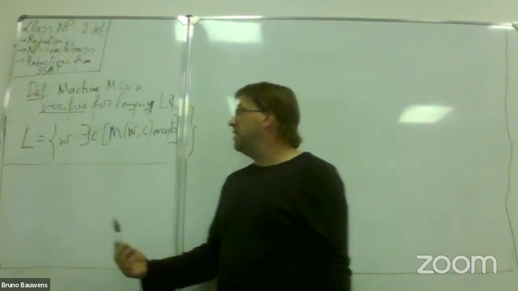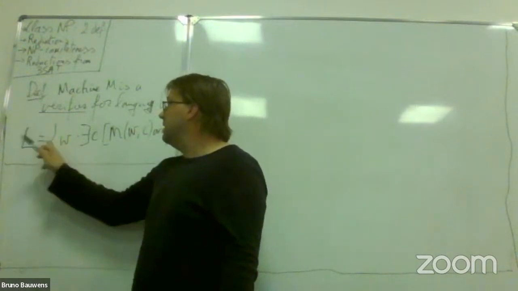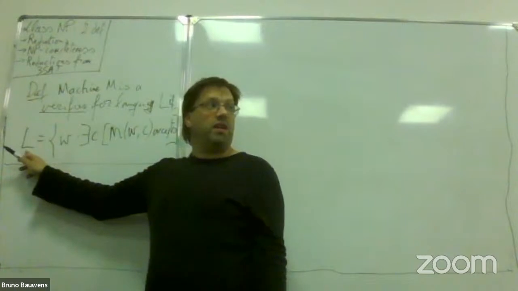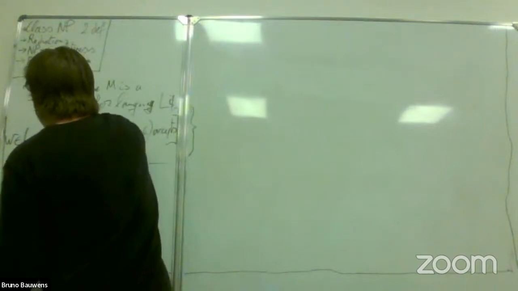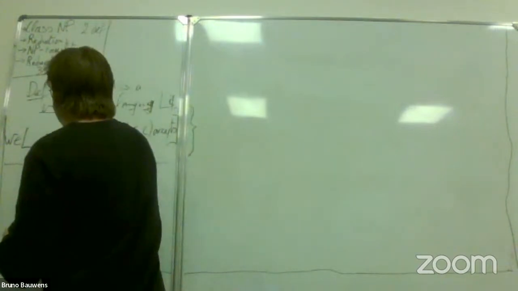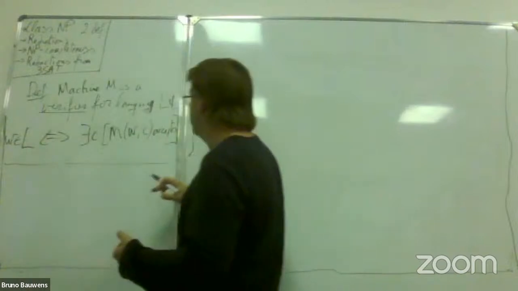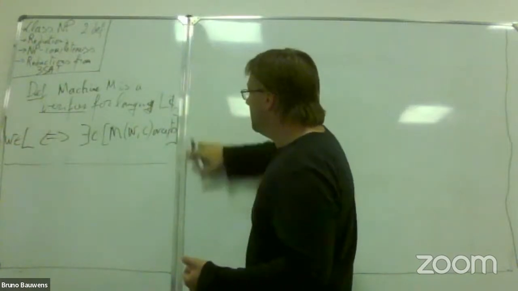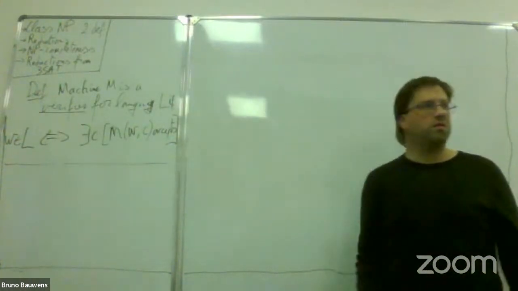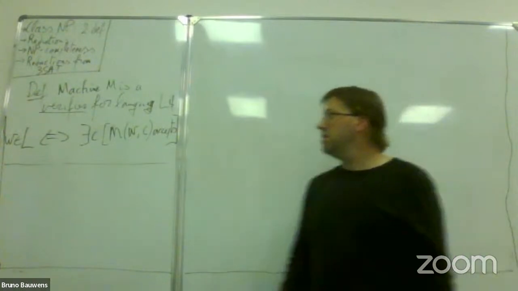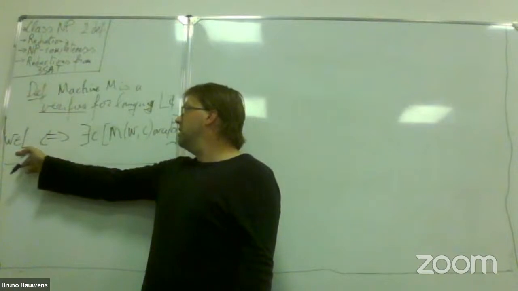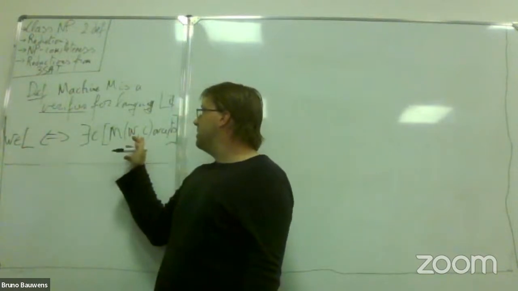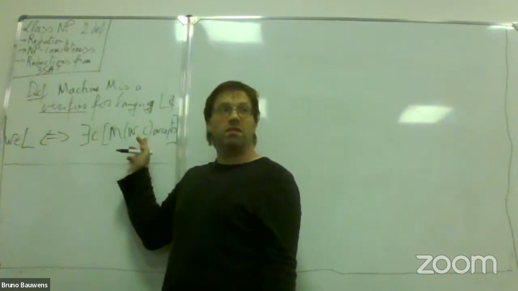We say that W is in the language if and only if there exists a certificate for which the machine accepts. So if W is not in the language, it means that every certificate is rejected.